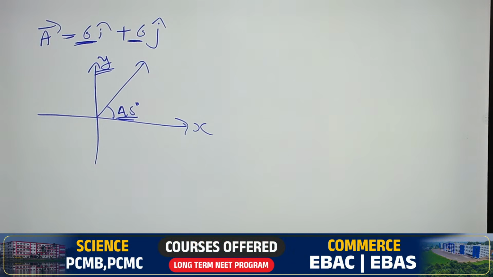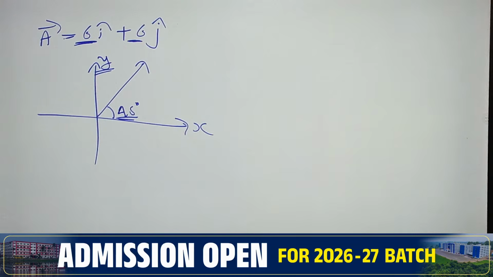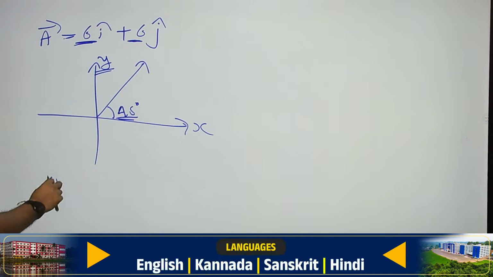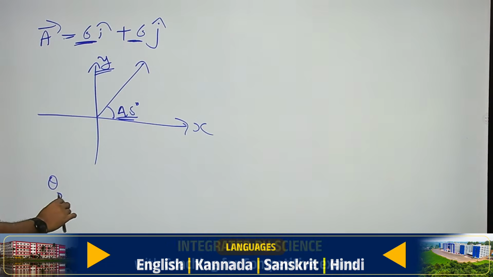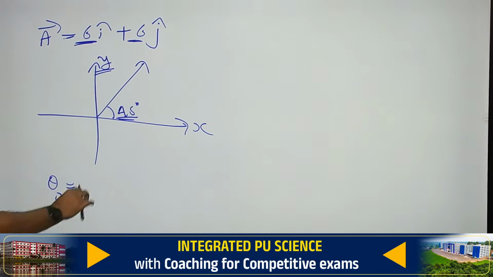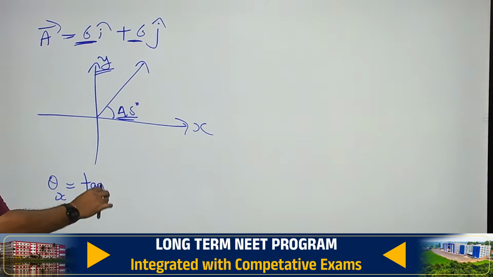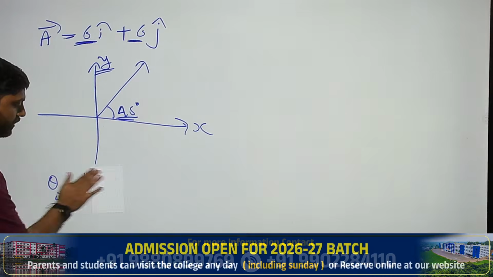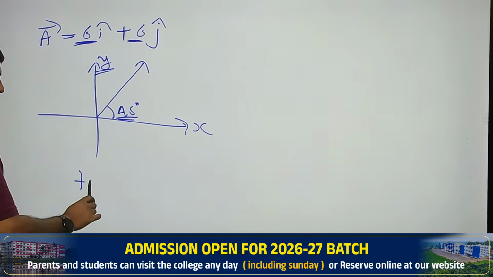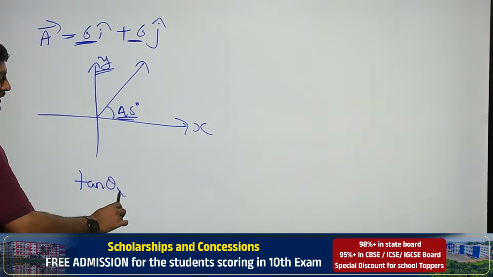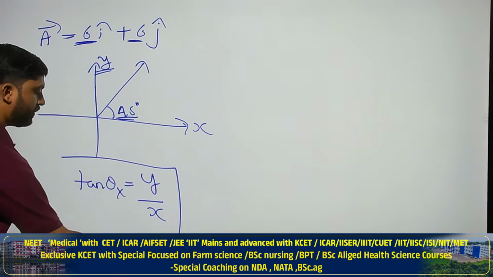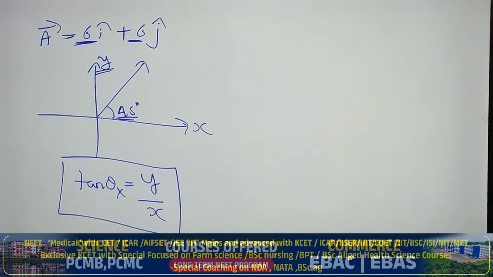Okay, now how to find the angle here? How to find the angle made by a vector? We can use this formula, tan theta x is equal to y coordinate by x coordinate, so theta is tan inverse of that.